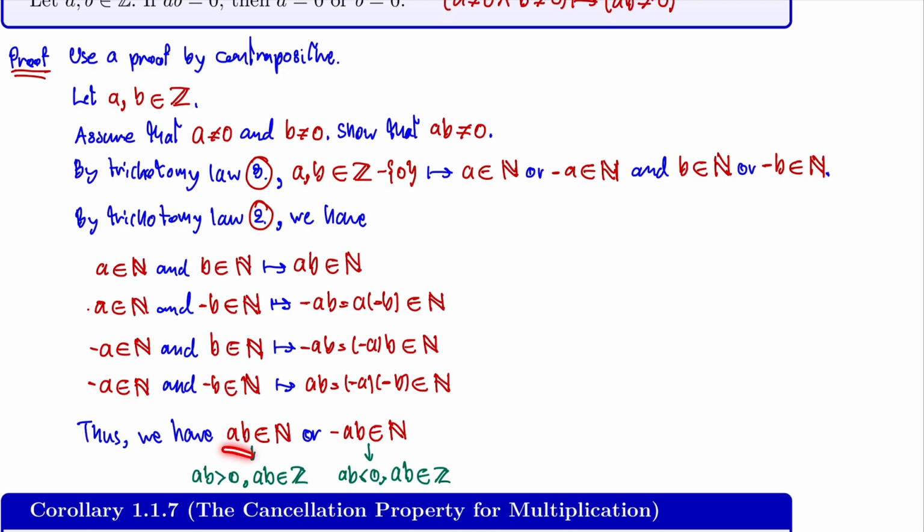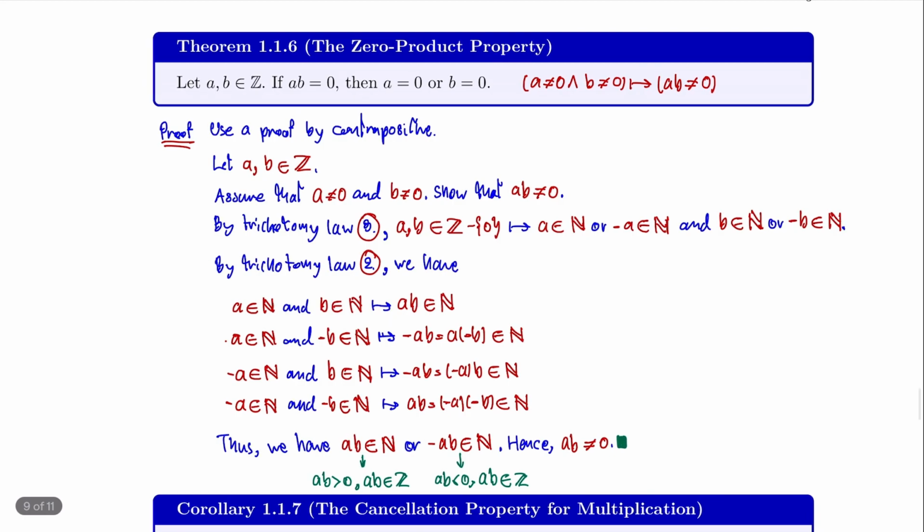This means that a times b cannot be 0. So from this, a times b cannot be 0. So we have proved this theorem by using a contrapositive.